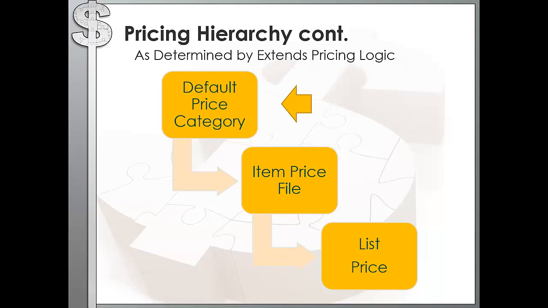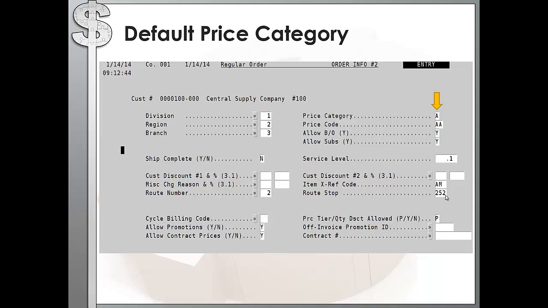The system will use the first alphanumeric price code or category record that it can find in the pricing file for that item or item pricing class. This is also available for override in the order header screen. So if you utilize it, it can be changed there.